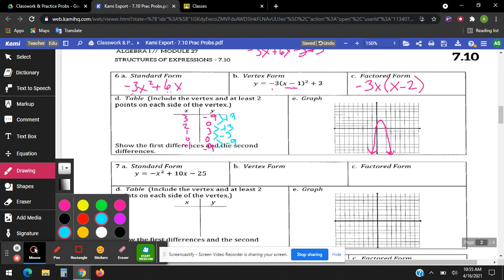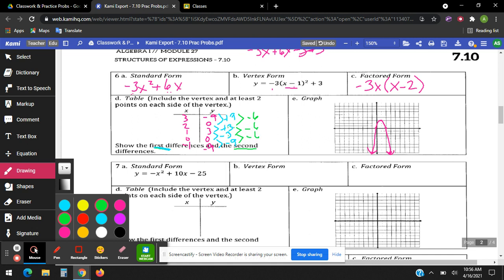And if I go to my second difference, so that was the first difference. My second difference, 9 to 3 is a minus 6. 3 minus a negative 3 is a minus 6. 9 minus 3 is 6. Going from 3 to negative 3 is minus 6.